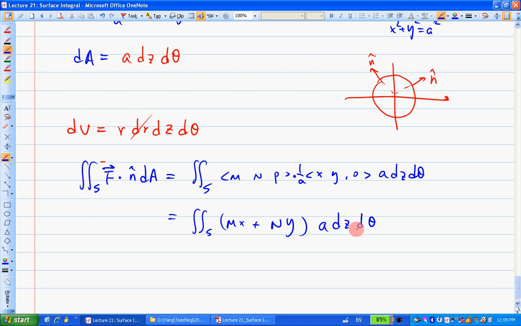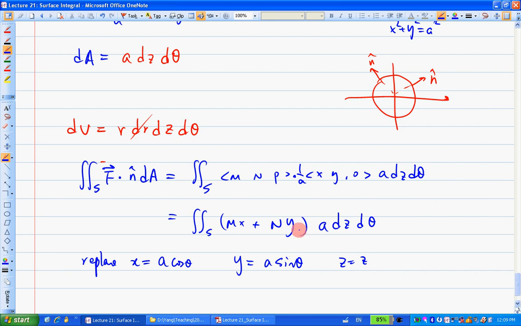So what do we do with this x and y here? We replace x with a cos theta and y with a sine theta, right? And z we don't do anything, so z is just z, right?